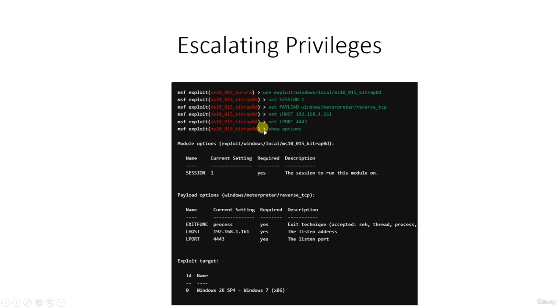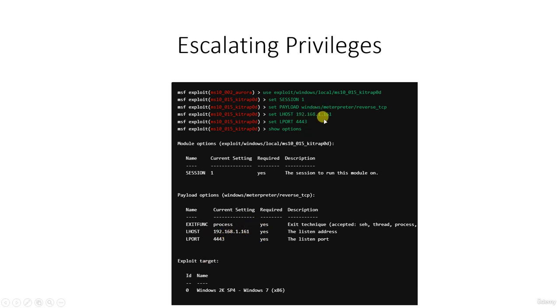After that, simply typing options will give you the updated values for this Meterpreter payload and this exploit. As you can see, it is running on session 1, using this payload and this exploit, and it shows you all of the updated values that you set.